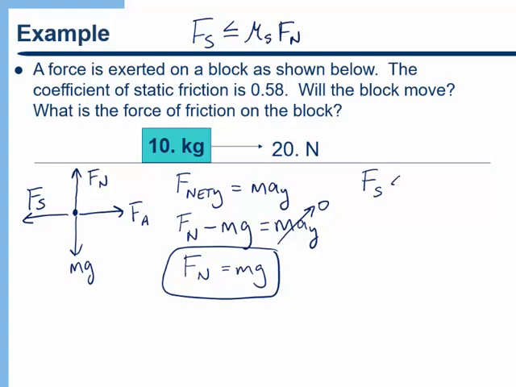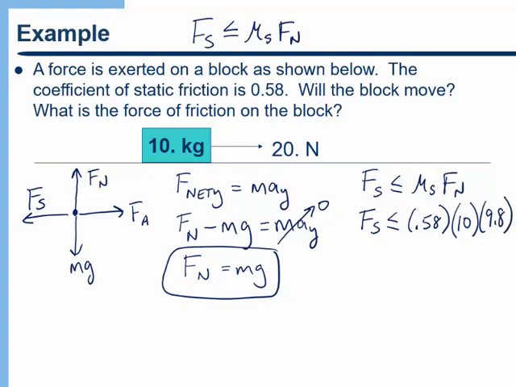Now that we've got the normal force, we can calculate what the force of static friction is in this problem. The force of static friction is less than or equal to the coefficient of static friction times the normal force. Let's calculate that. We've got a coefficient, which is 0.58. We've got the normal force, which is just mg, so mass of 10 kilograms times g of 9.8.